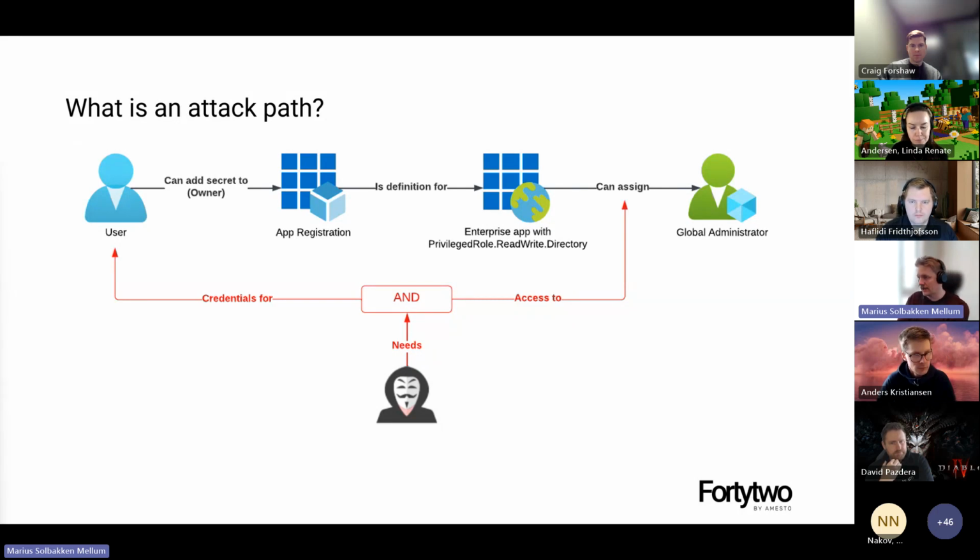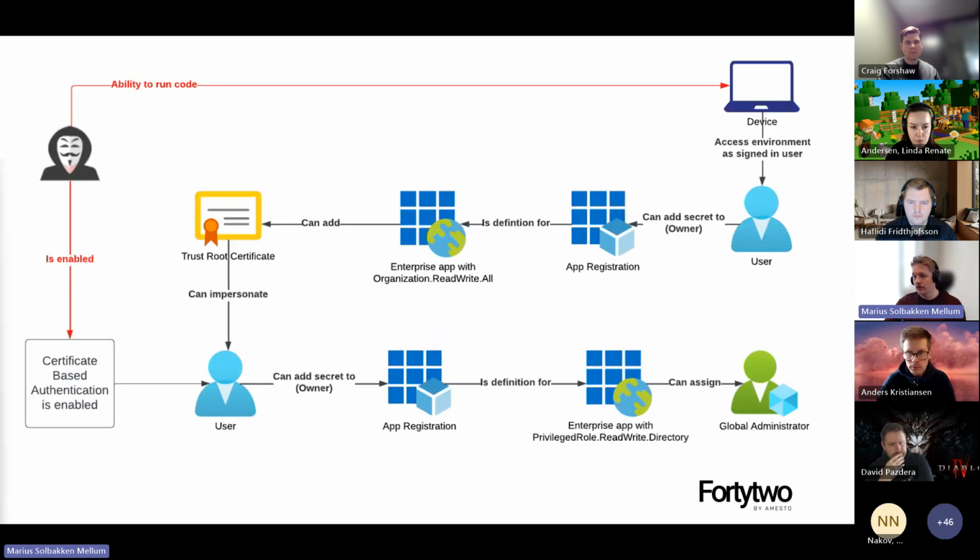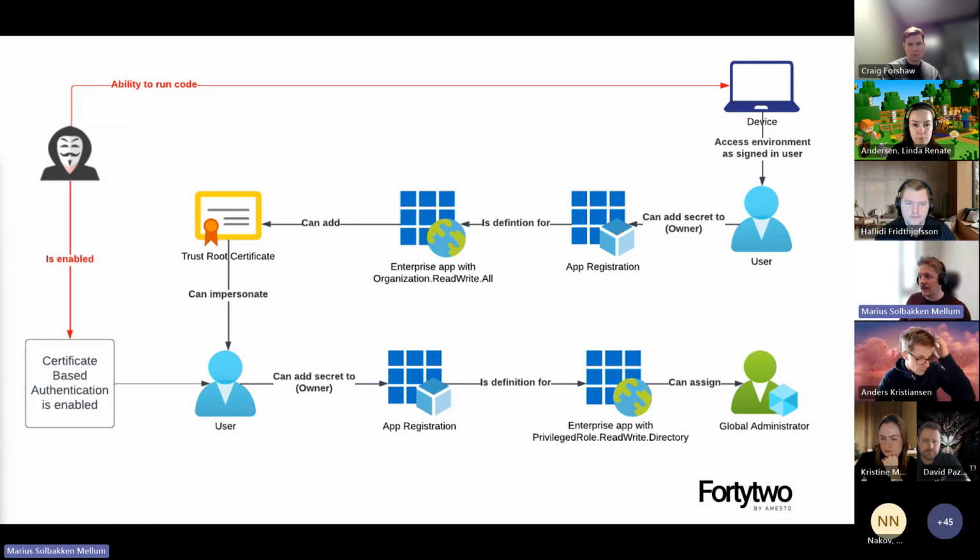That is one simple attack path, but you definitely have more advanced paths as well, sometimes with different requirements throughout the path. For example, let's say we have an attacker that has the ability to run code on a device in your environment and essentially access your environment as a signed-in user.